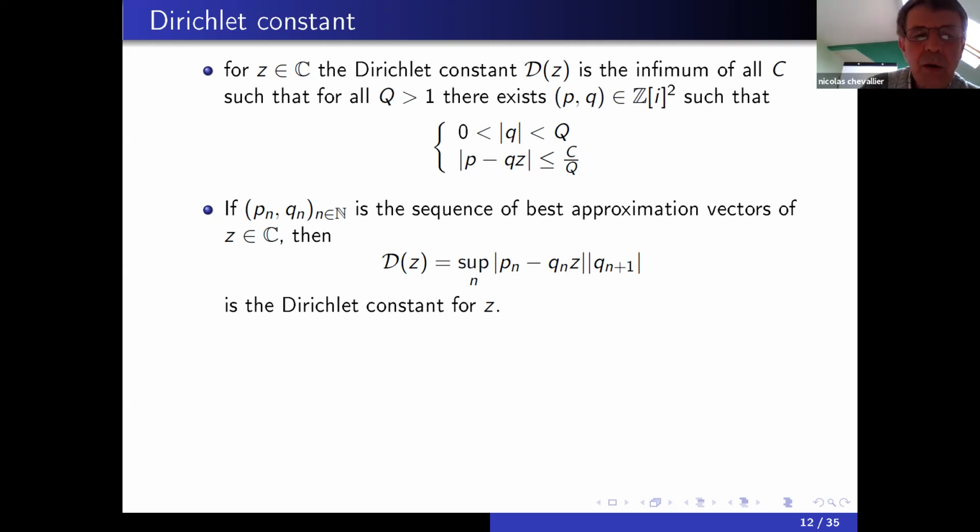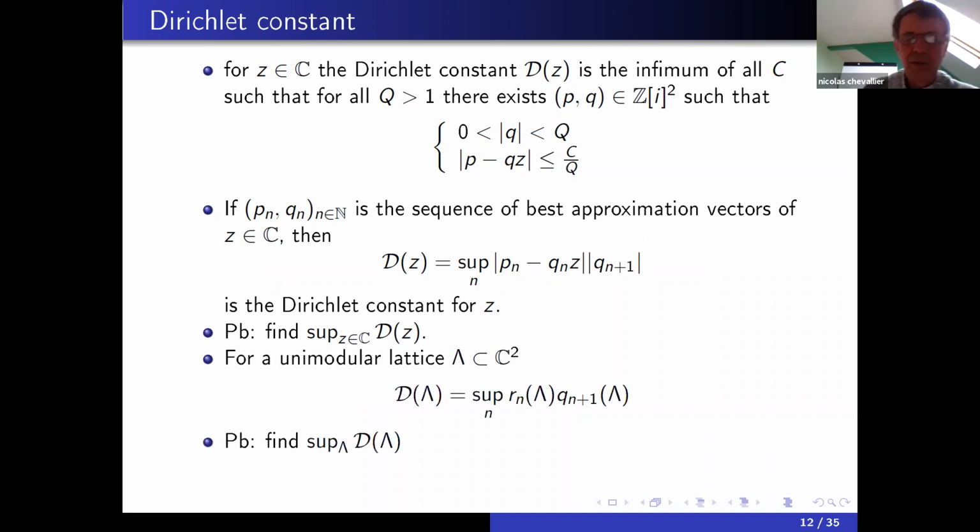And now we are looking for the sup over all complex numbers z of this constant d of z. We can look at the same thing, but with all the lattices in C2 and define the constant associated with a unimodular lattice in C2.